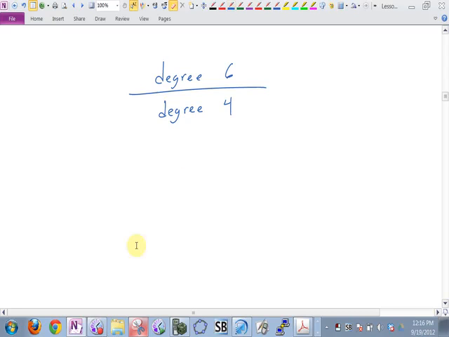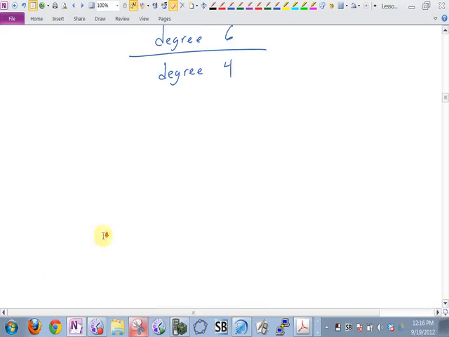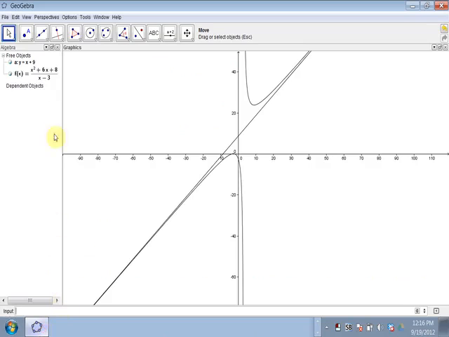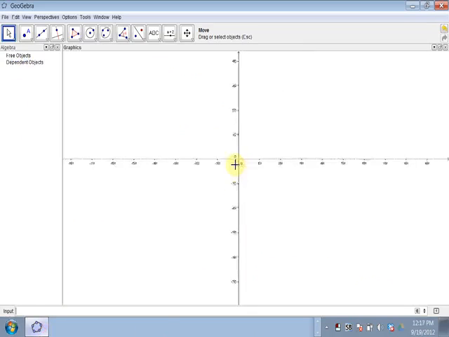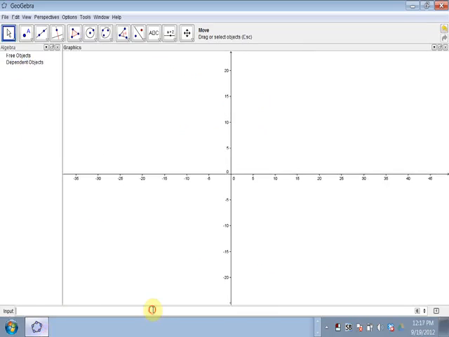Yeah, we'll be reviewing that tomorrow in more detail. Today's just, let's just look at some graphs. So I'm going to make up a degree 6. Let's delete this one. Okay, zoom in a little bit here. Get a nice close view. So this is going to be y equals, I need to create a degree 6.